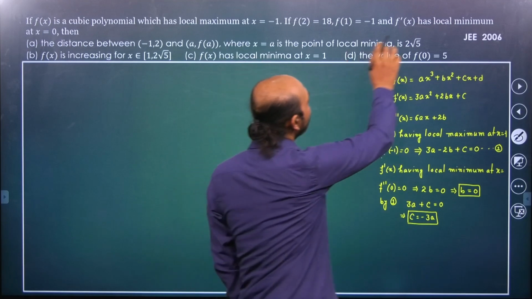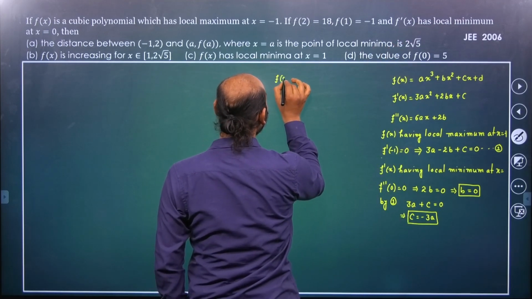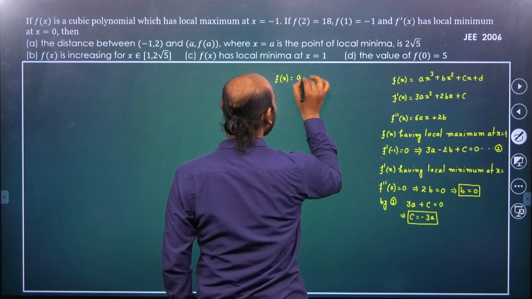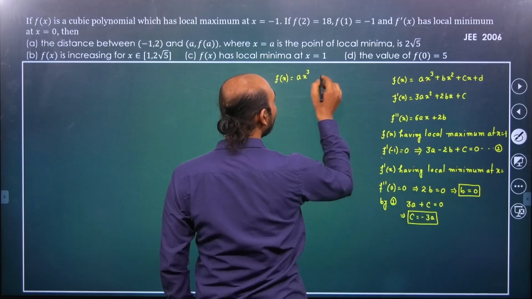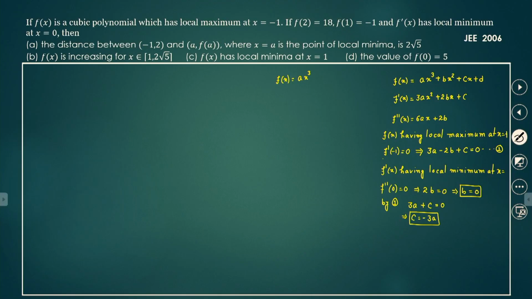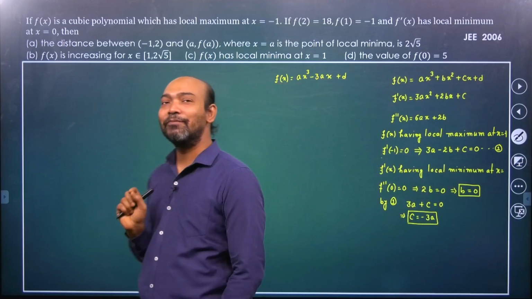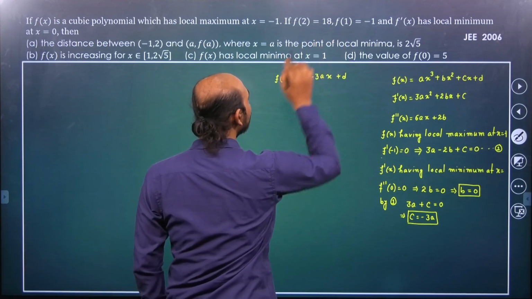Therefore let's rewrite that function. f(x) is ax cube, b is 0 so the x square term is removed, c is equal to -3a, plus d. Now we get a cubic where a few terms are removed. Now our job is to calculate the value of a and d.